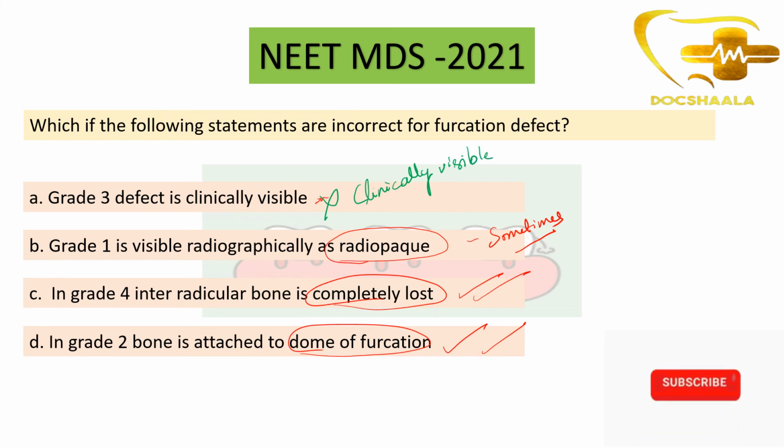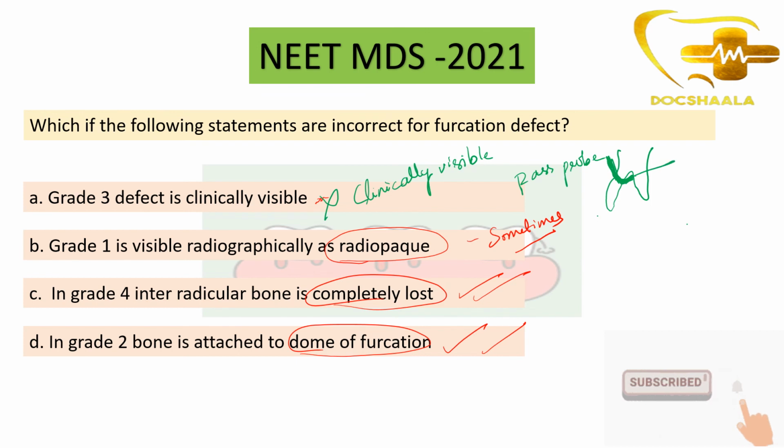When we pass a probe through the furcation defect, we can see the probe passing through the furcation in a through and through manner. So this itself is the clinical diagnostic category.